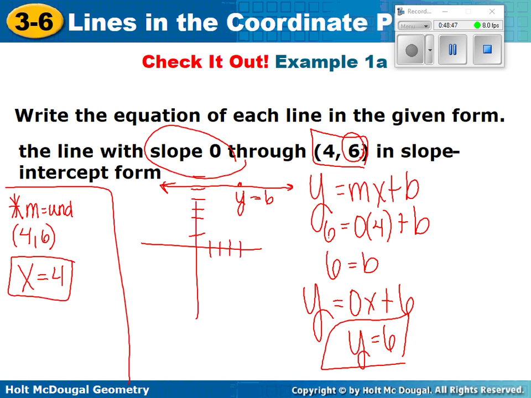Okay, same exact problem now. Add this to your notes. It's not in your notes right now. Same exact problem, except this time I want you to write an equation perpendicular to x equals 3 and goes through (2, 4). Perpendicular to x equals 3, but goes through (2, 4).